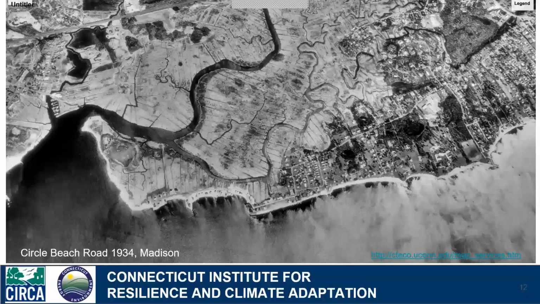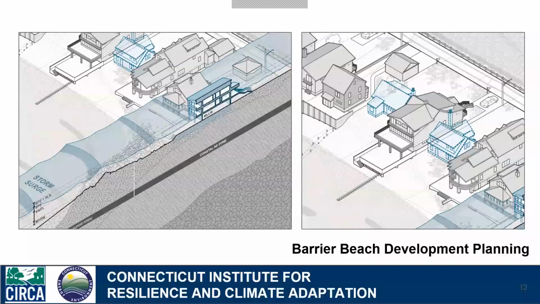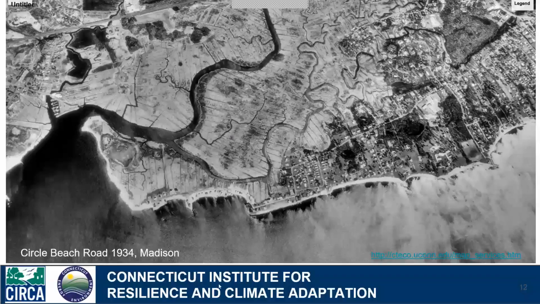Also, just looking at the land use history, we zoomed in on Circle Beach Road, and looking at land use history, you can understand better the impacts of historic storm events and also start to think about how development occurred over time. And so you can start looking at this barrier beach, Circle Beach, for example, and look at the housing across that occurs there.